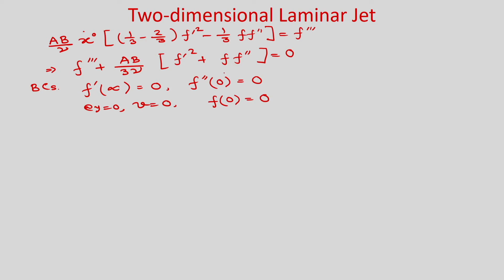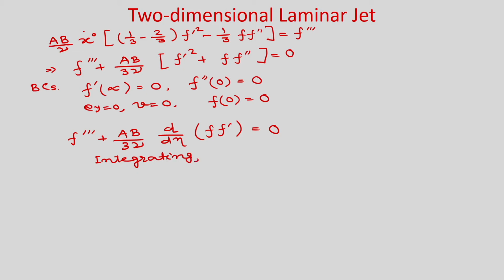So, now you can see that this equation we can rewrite as f triple prime plus a b by 3 nu d of d eta f prime is equal to 0. Okay. If you integrate it, we can write after integrating f double prime plus a b by 3 nu f prime is equal to constant.